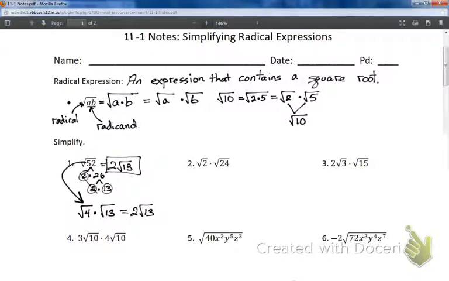2 times root 24. You could say that I could multiply these together and get the square root of 48. But then when you break down the square root of 48, you're going to be saying 2 times 24, and then 2 times 12. 12 is 2 times 6, and then 6 is 2 times 3.